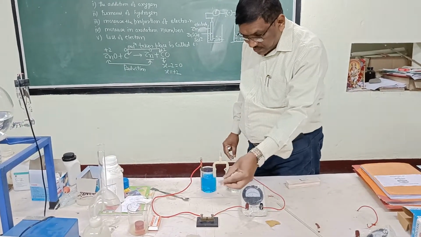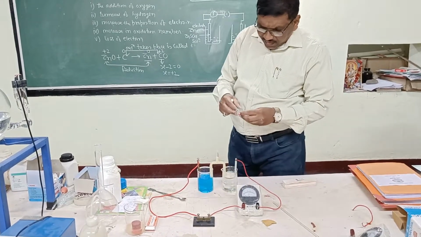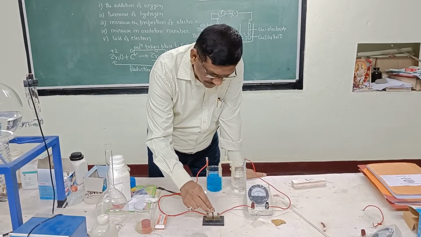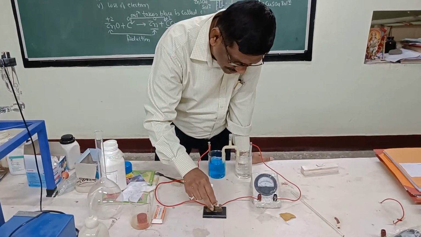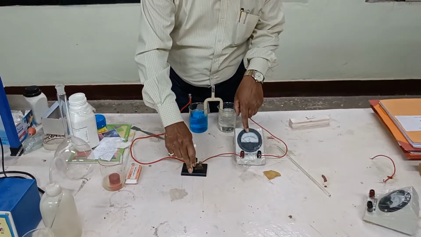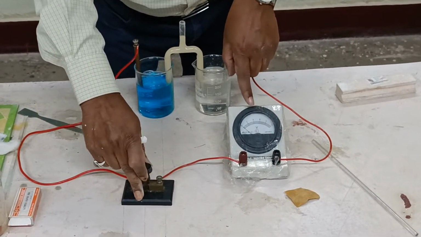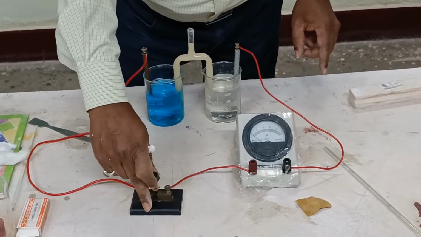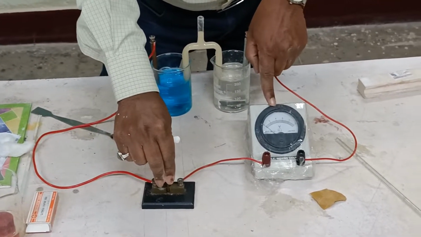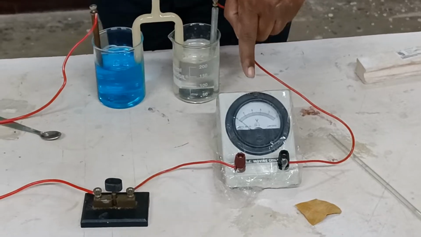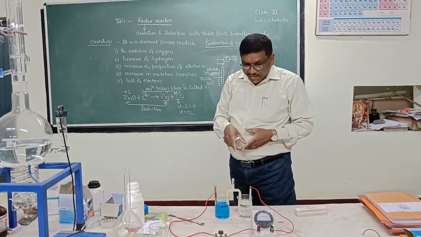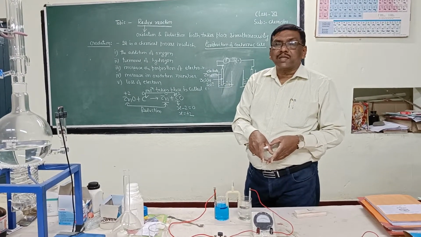This is the key and jockey. When the key is pressed, it shows deflection in the galvanometer. This indicates that electric current is flowing through the circuit.